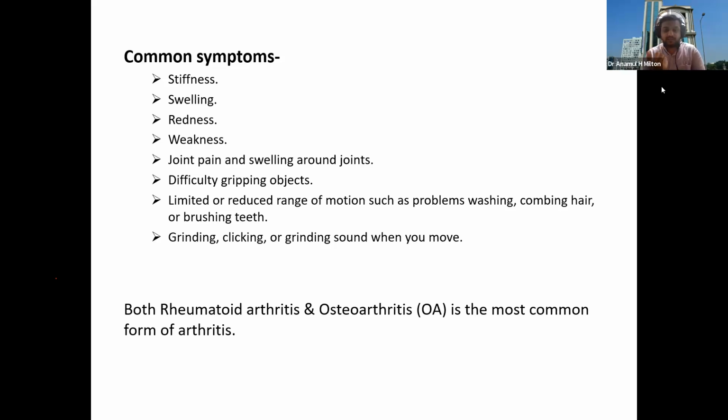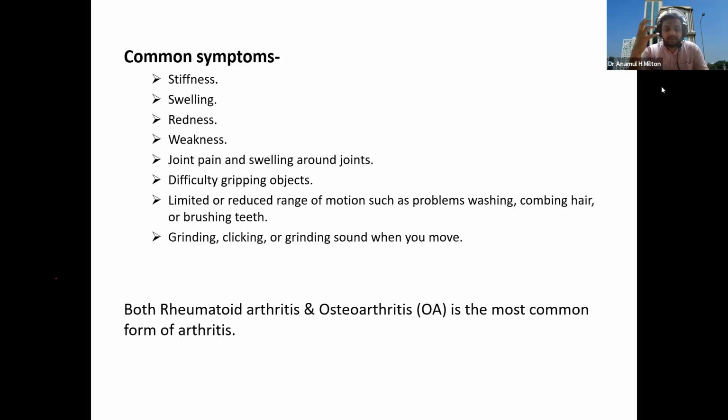Small joint arthritis or rheumatoid arthritis just starts at the wrist. The first sign you can find at only the wrist. Okay, so if your prediction is like this, it may be rheumatoid arthritis.